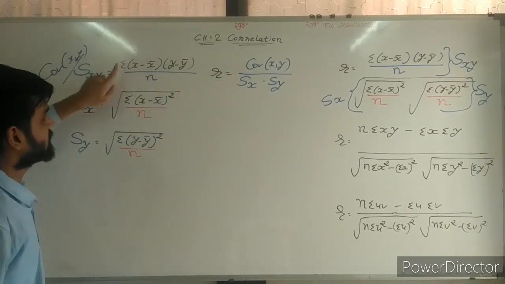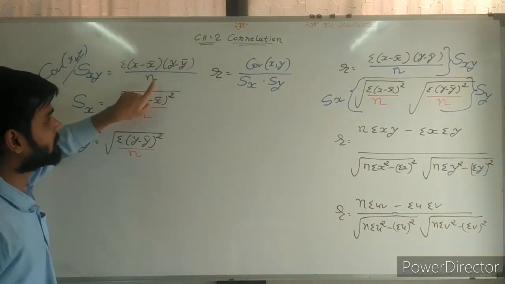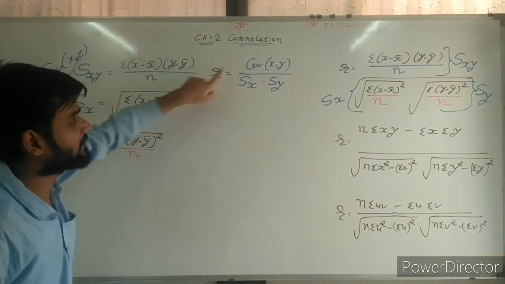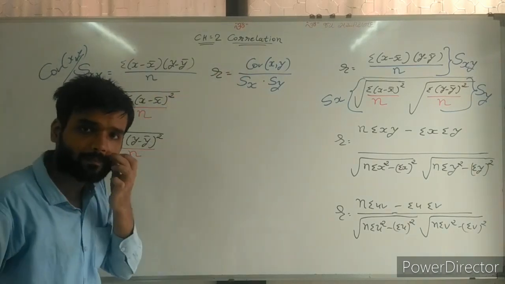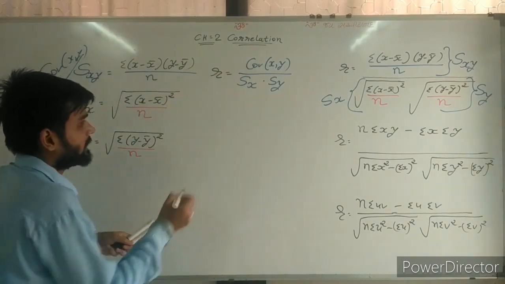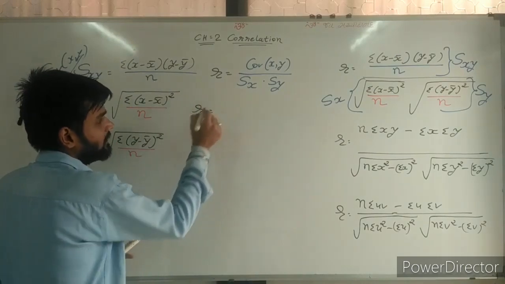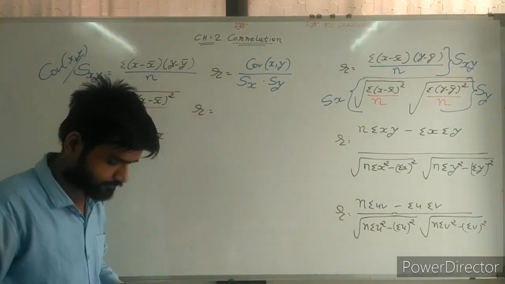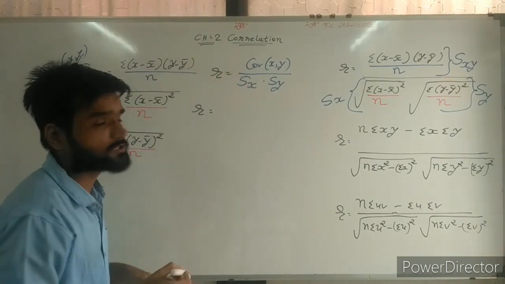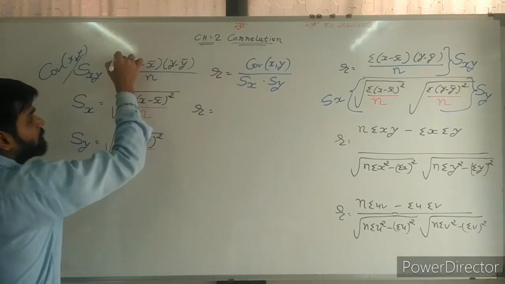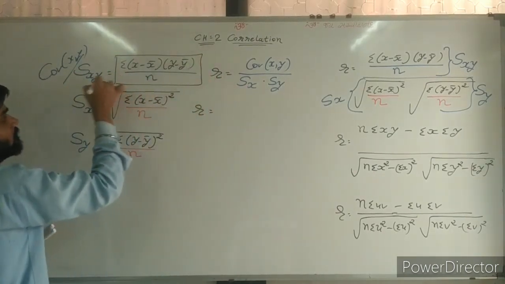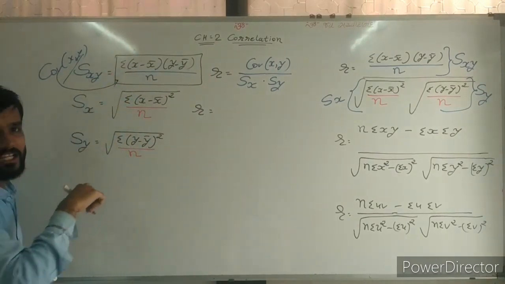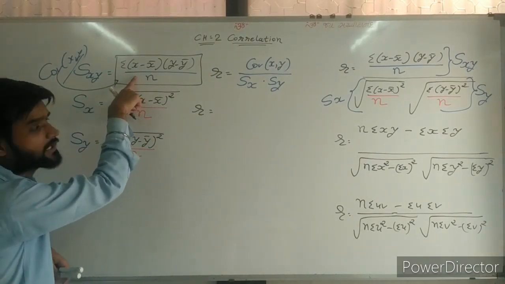Sir, here sigma x minus x bar, y minus y bar upon n, that is the value of covariance of xy. So first of all I am writing here r is equal to, instead of covariance of xy, I am writing its formula.